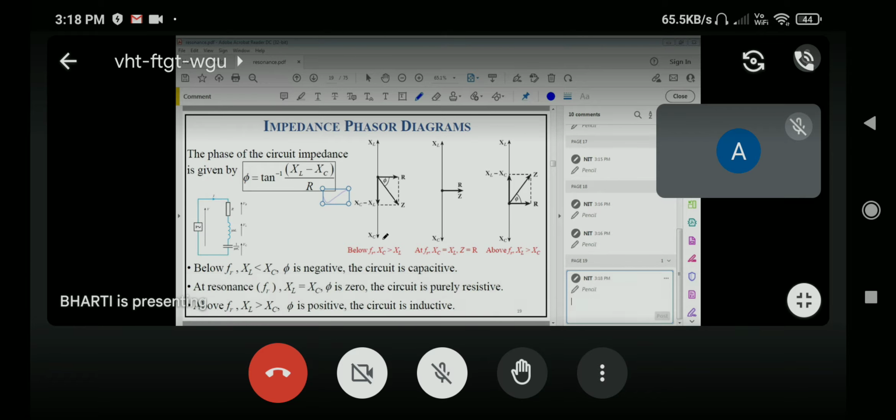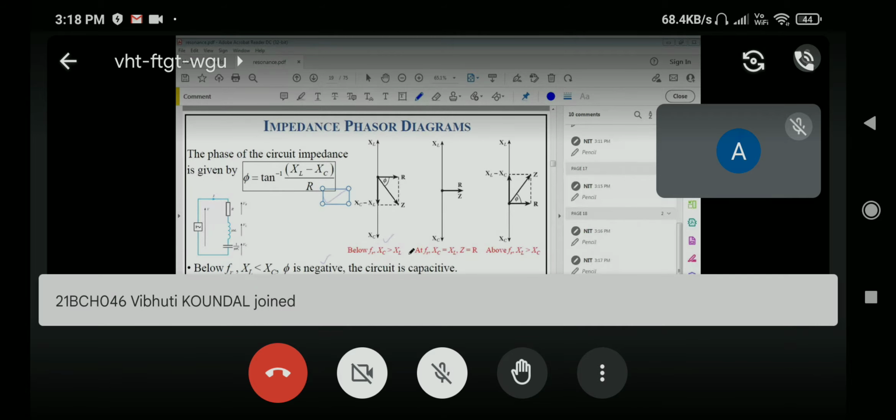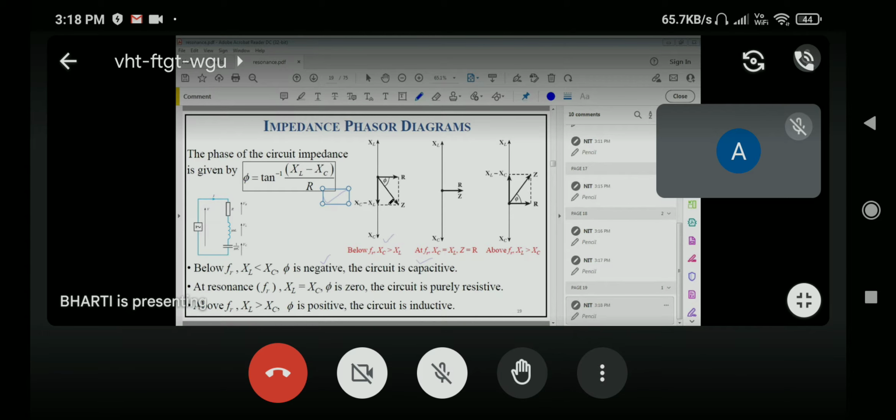When XC is greater than XC... that is, below resonant frequency, lesser than resonant frequency, phi will be negative, meaning the circuit will be capacitive. And at resonance, when XL is equal to XC, Z and R will be the same.